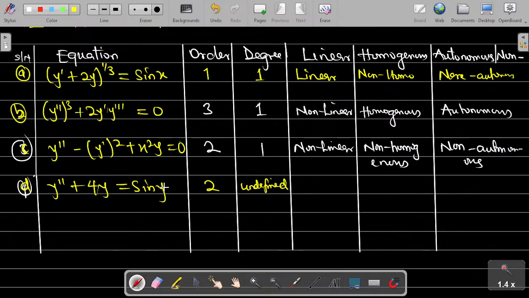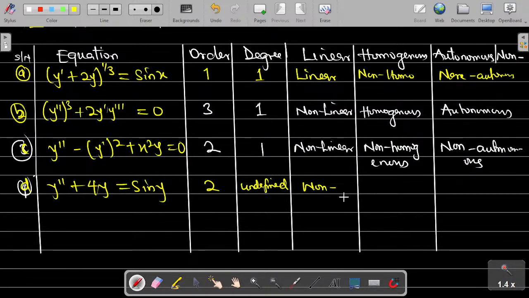Because it's possible the degree of this y is, let's say, raised to the power of a fraction that we will need to clear and then be able to know what the exact degree of y prime prime is. So because we are not sure and we can't clear this sine, so we say undefined, right? Linear, non-linear. Okay, of course this transcendental function, once the degree is undefined, is automatically non-linear.